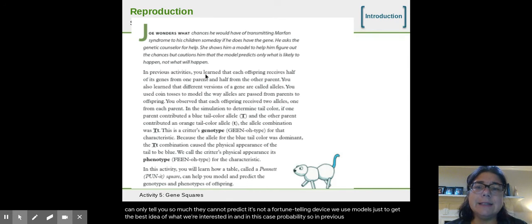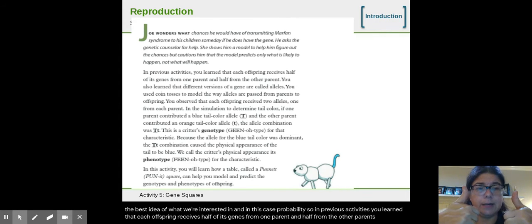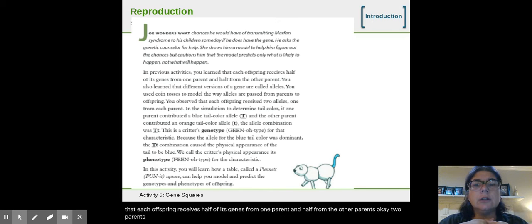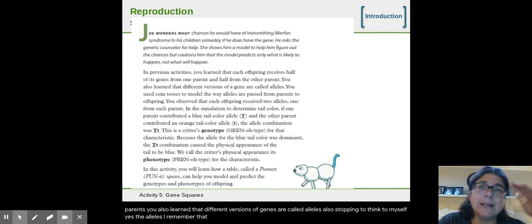So in previous activities, you learned that each offspring receives half of its genes from one parent and half from the other parent, okay? Two parents. You also learned that different versions of genes are called alleles. So I'm reading this, but I am also stopping to think to myself, yes, the alleles, I remember that because we had two forms of tail color traits.